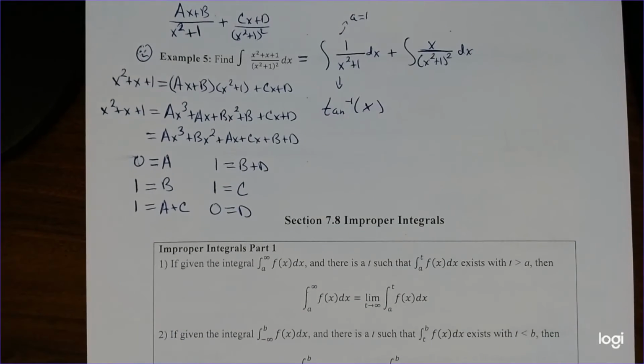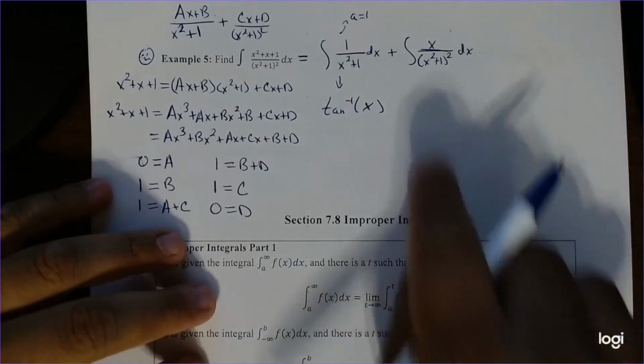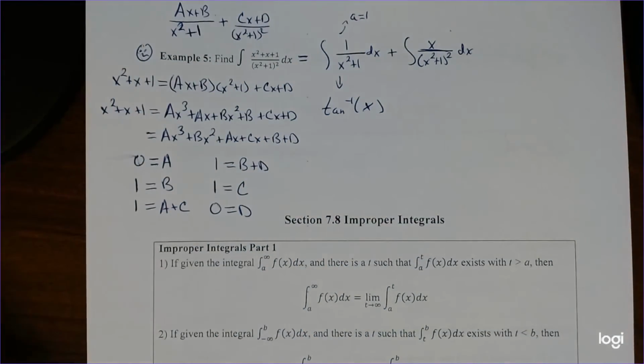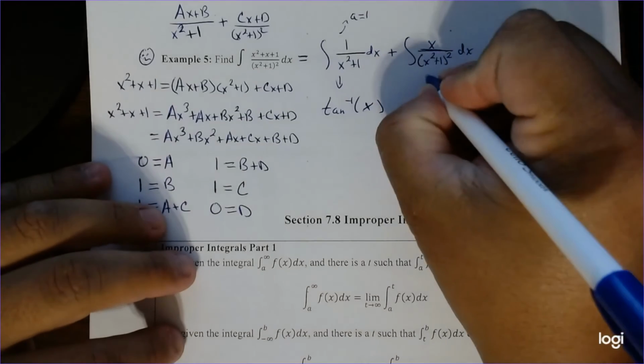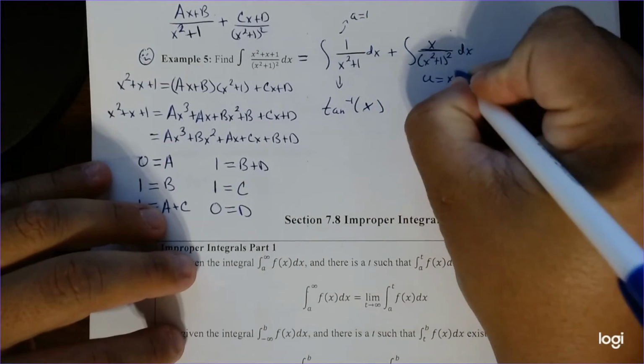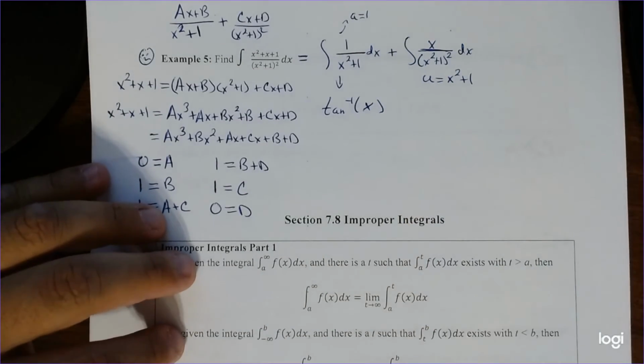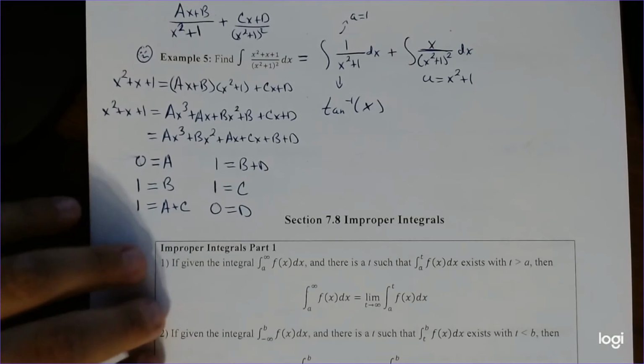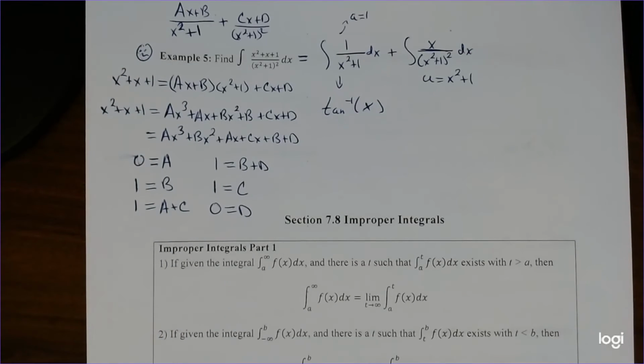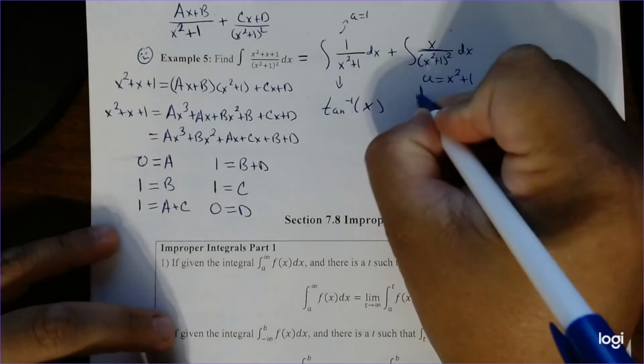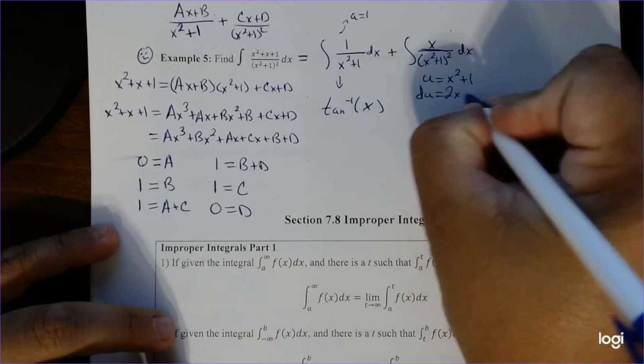Okay, all right. The next one isn't that bad as well because we can use U substitution for this case. So we'll let u equal x squared plus 1, just the inner portion there. So let du equal 2x dx.